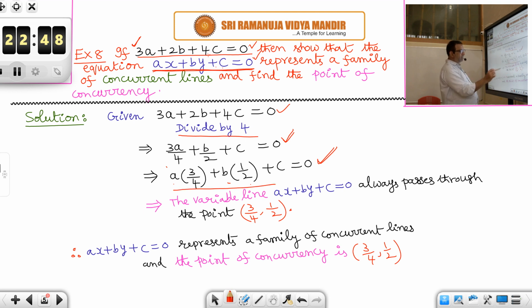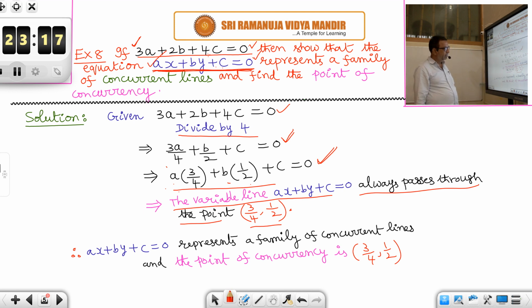Yes, I can write. Now look at this. It is just like the equation you get when you substitute the point 3 by 4 comma 1 by 2 in the given equation of the line. Suppose you substitute the point 3 by 4 comma 1 by 2 in this line, are you going to get this condition or not? That means the variable line ax plus by plus c is equal to 0 always passes through the point 3 by 4 comma 1 by 2.